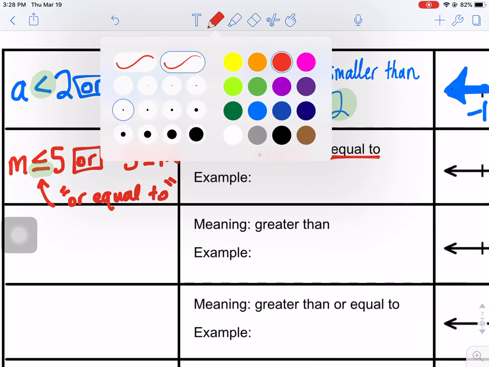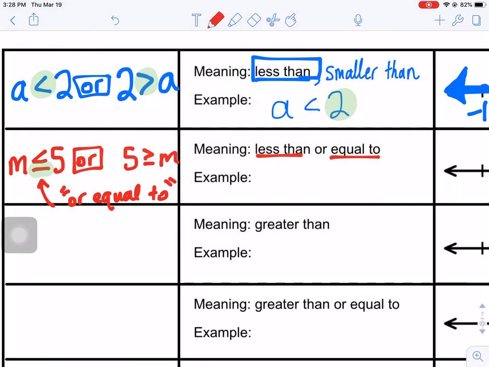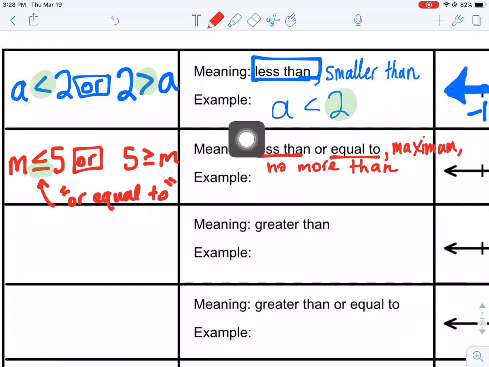Other words you might hear for less than or equal to would be maximum or no more than. So if you hear any of these phrases, these are the symbols that you're going to be using.